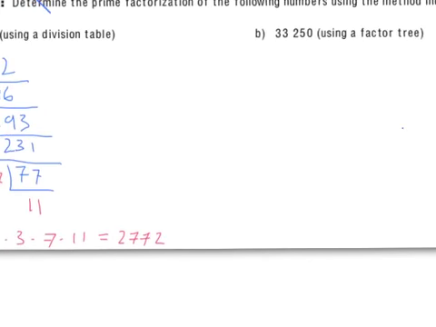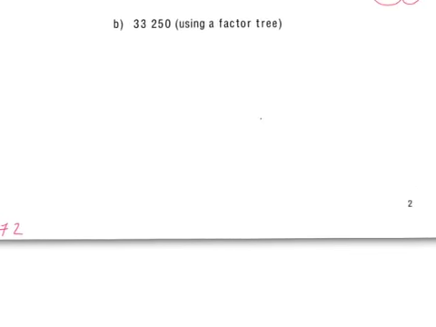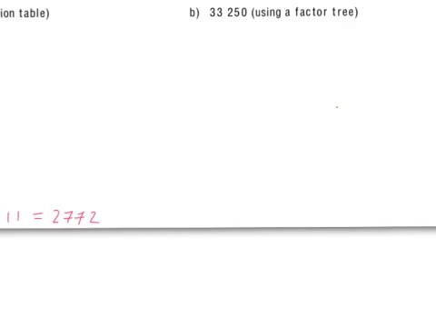Alright, last one. 33,250, but using a factor tree. So I'm just going to jump in with my tree right from the start here, as opposed to rewriting the number, save myself some time. Well, I see a 0 here, and that means that it will have to be divisible by 10.